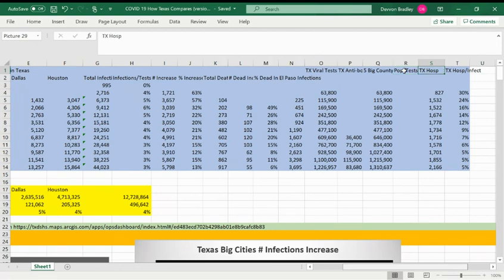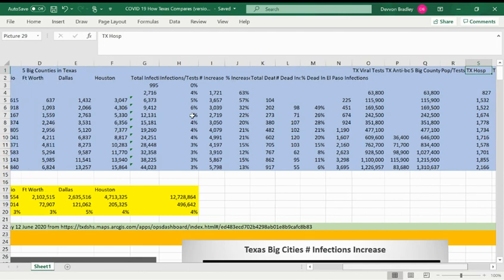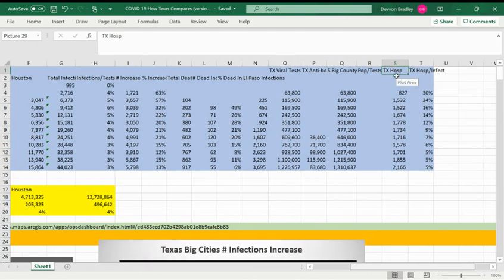Sorry about that. And then this is just total Texas hospitalizations. I don't have hospitalizations by county. That's not kept, so I can't really compare it. But since these are all urban areas, this is actually a conservative estimate when I divide Texas hospitalizations by infections.